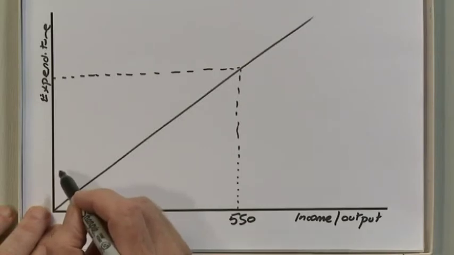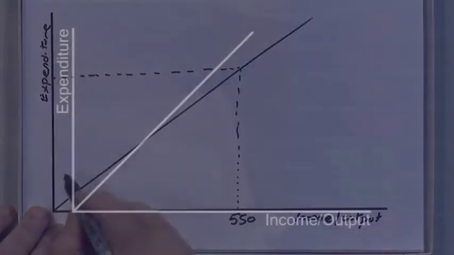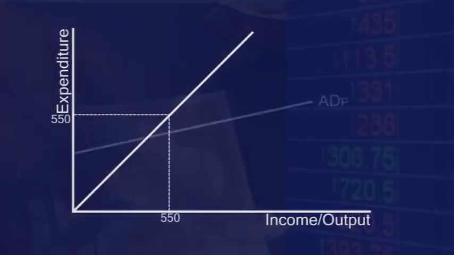So if I sum C plus I plus G plus X minus M, I get something like this, which is planned aggregate demand. So this is what consumers plan and other groups plan to buy, but we know from our national income accounts that the 45-degree line shows us what is actually the case.